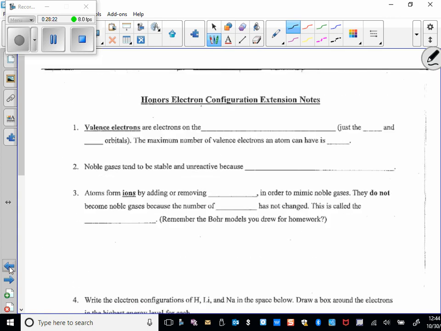Okay. So you need to know the term valence electrons. Valence electrons are electrons on the outermost energy level. Are you with me?